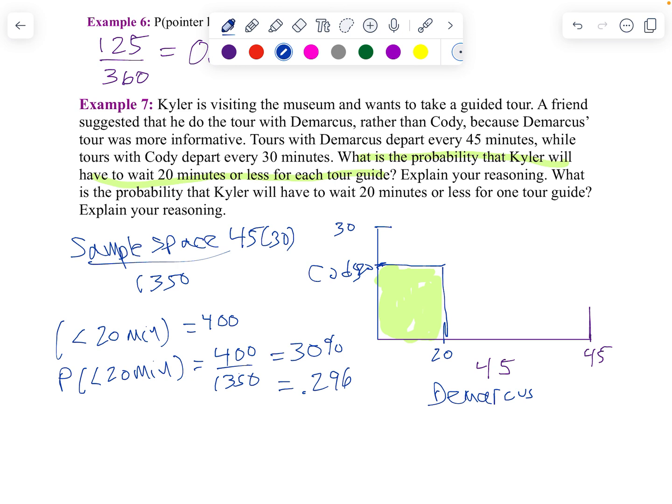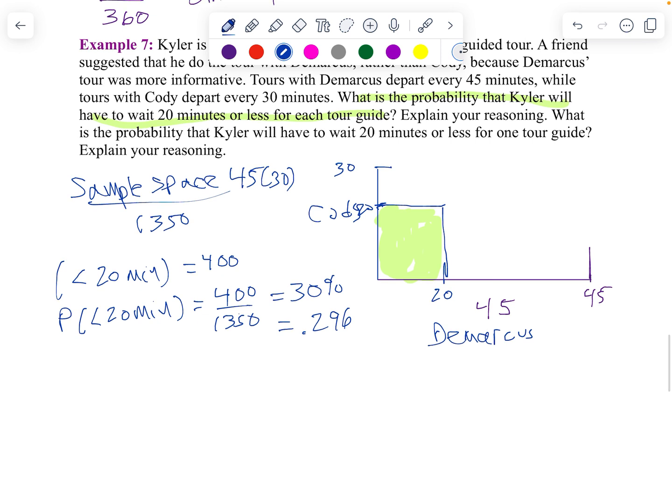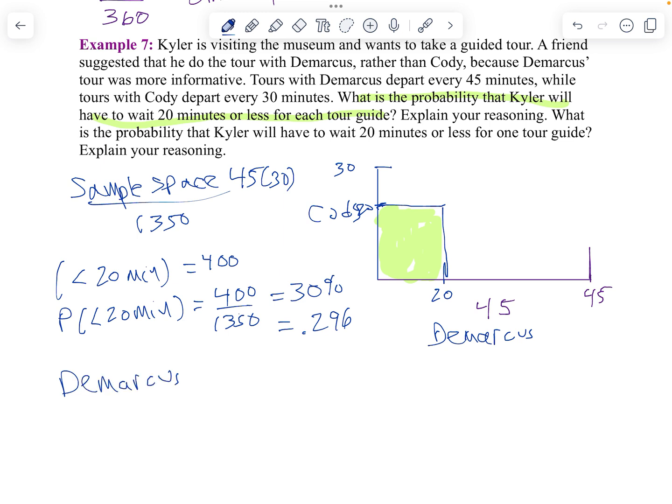Now, how about the second part? What happens if he waits less than 20 minutes for one tour? Well, it doesn't say DeMarcus or Cody, so we're going to have to do this twice. So let's look at DeMarcus. Less than 20 minutes for DeMarcus would be this rectangle here, wouldn't it? So I'm going to take 20 times 30, and that would be 600.